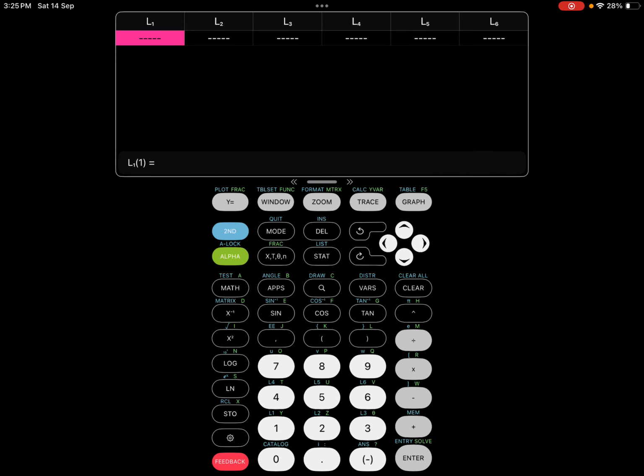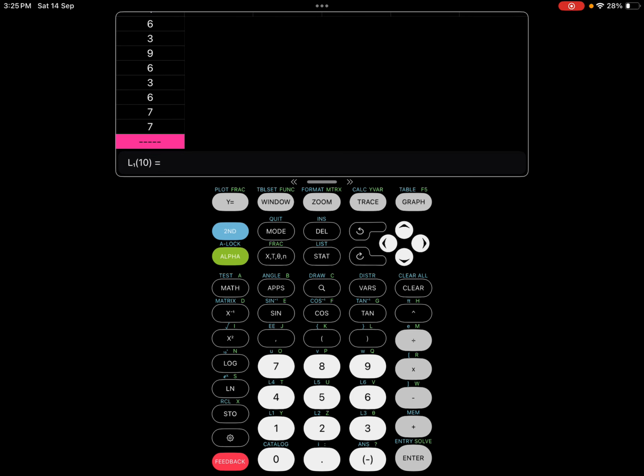So let's go back to the calculator. Let's put 4, which is the number of x. This will be 6. This will be 3. This will be 9. This will be 6. This will be 3. Then this will be 6. This will be 7, 7, 4, 9, 6.